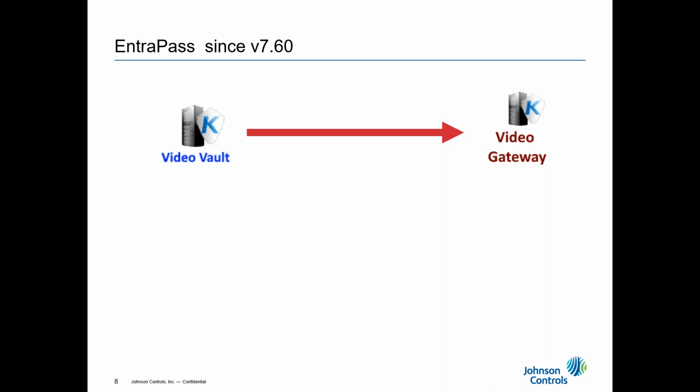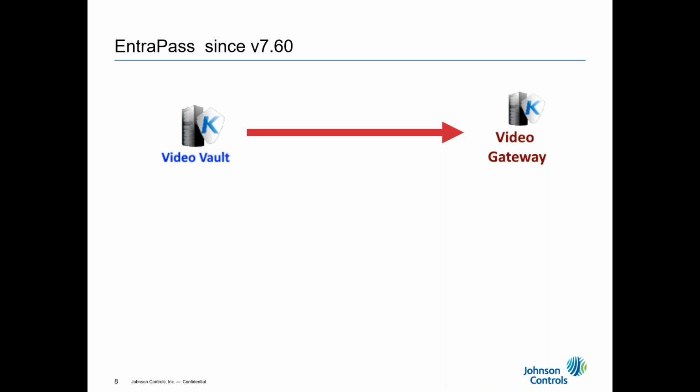The next topic we have is the video gateway and how video works. As a tool, we did a huge change in the video. The people like it so far because it takes advantage of the new technologies that are available over the internet. First thing we did is back then in 7.6, we changed the name or the feature of the video vault to the video gateway.